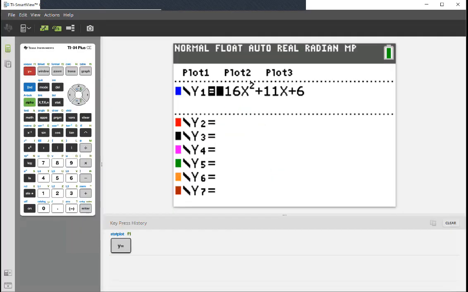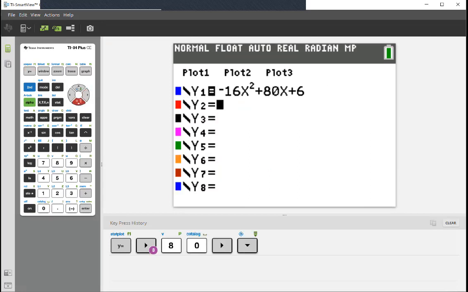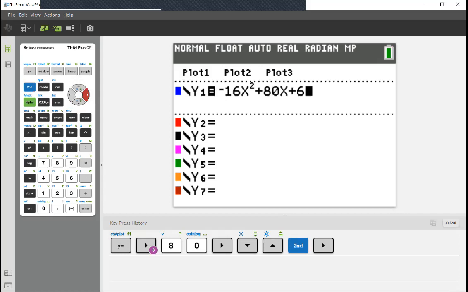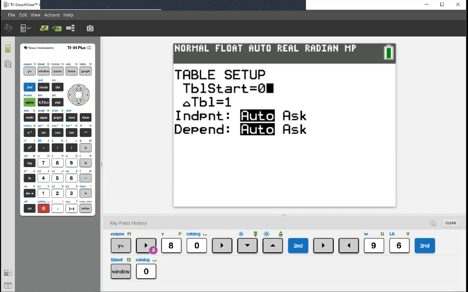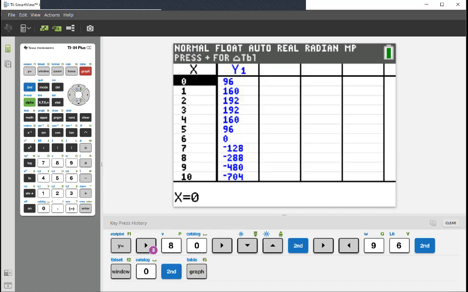And at 2 seconds, it's 192 feet in the air.